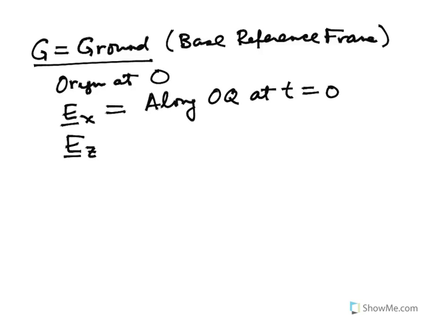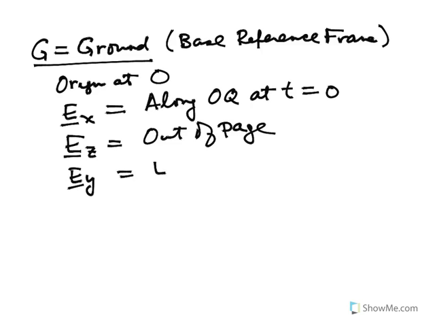EZ is going to be out of the page. And then EY is equal to EZ crossed with EX. The next frame is going to be the disk, because that defines the first rotation.